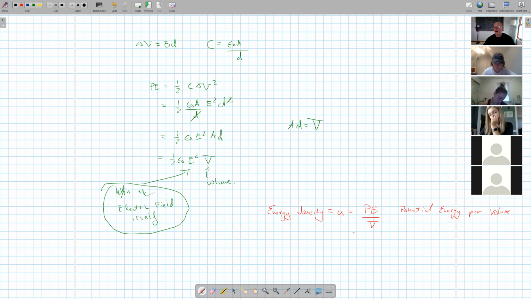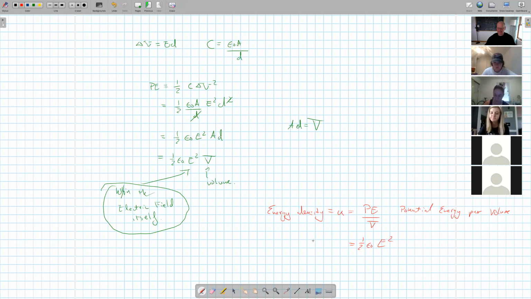Okay. Anyways, if I take this quantity here and divide it by the volume, the only thing that's going to happen is this volume piece is going to go away. So this is then equal to 1/2 epsilon naught times the electric field squared. So this is the energy density.